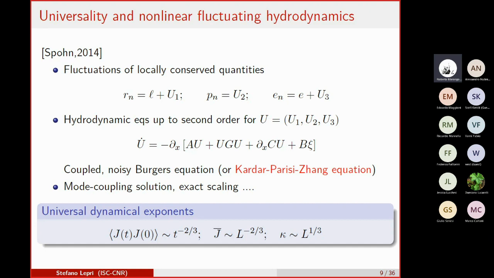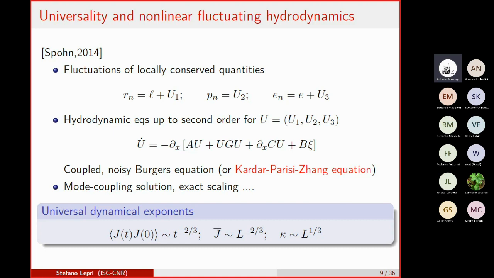So this is a very important equation in non-equilibrium statistical physics. It has been introduced in completely different fields, but it turned out to have an amazingly large number of applications in many different fields.